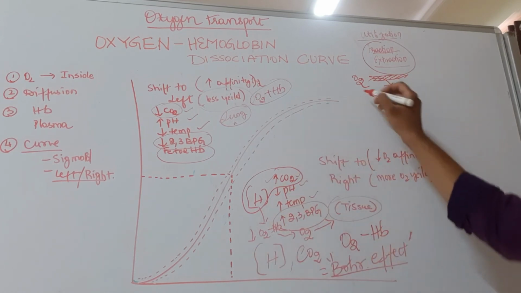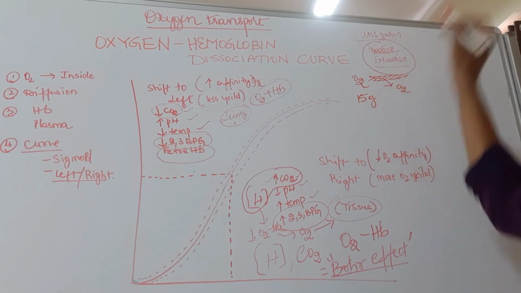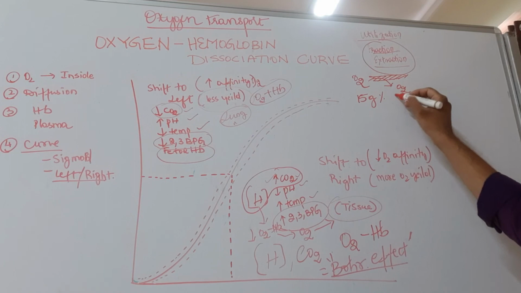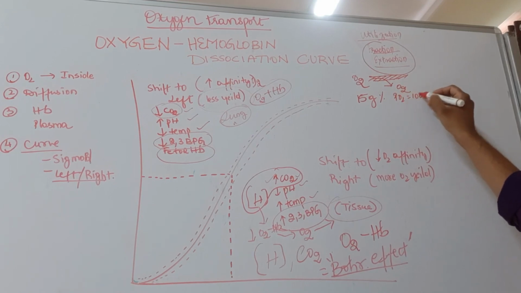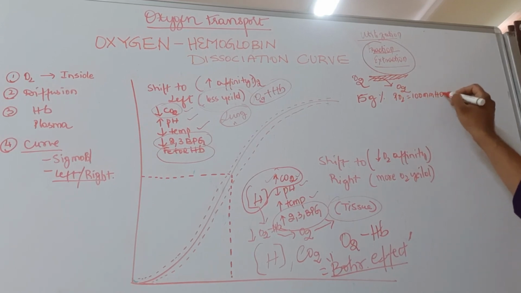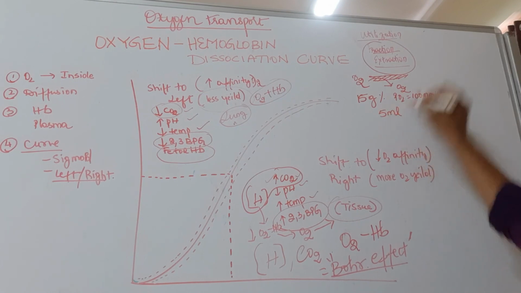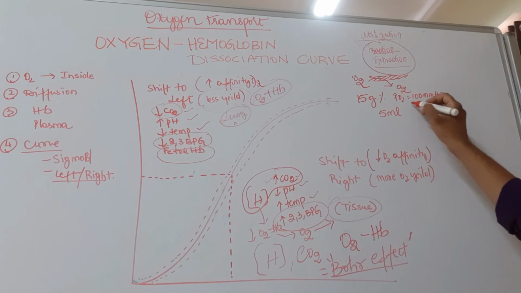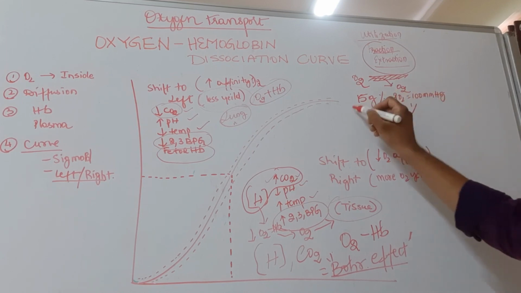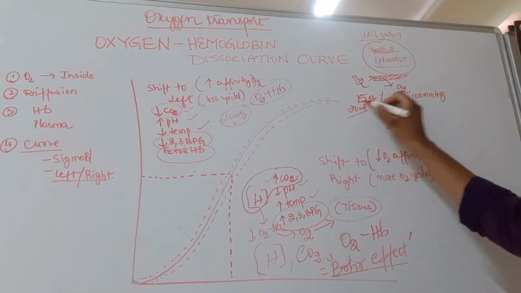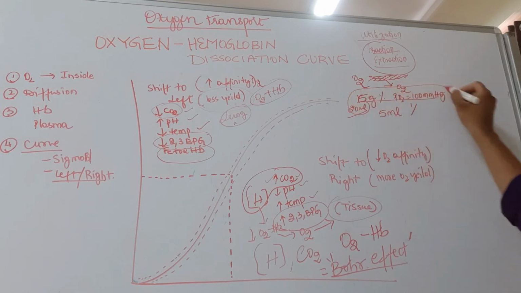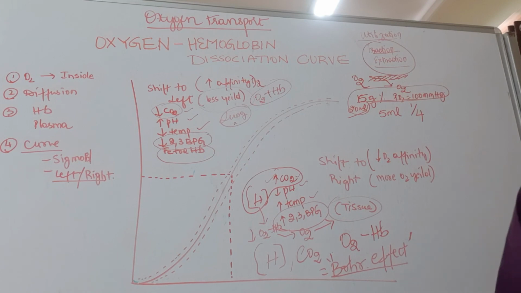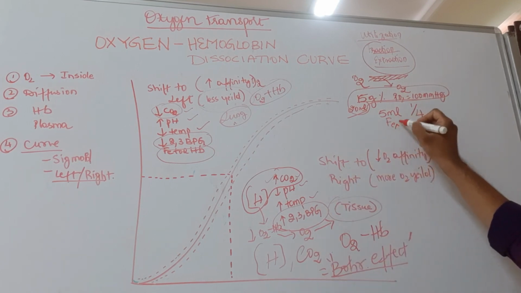As we have already seen, if the hemoglobin concentration is 15 gram %, and the PO2 is 100 mmHg, then 5 ml of oxygen is yielded out. It carries 20 ml of oxygen, but 5 ml is yielded out. So, the fractional extraction is 1/4.